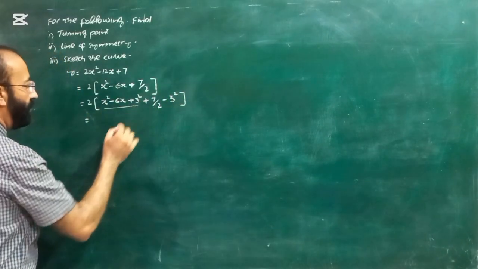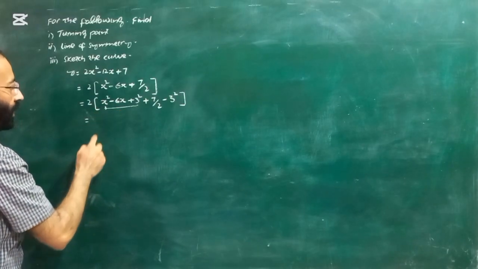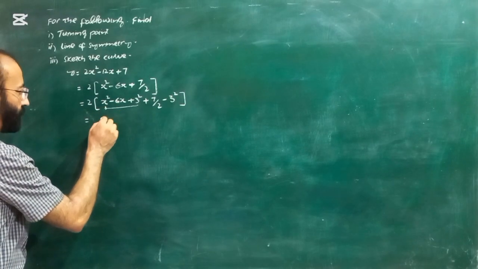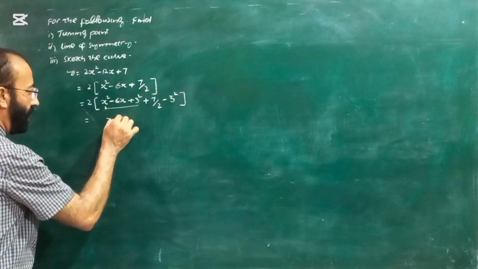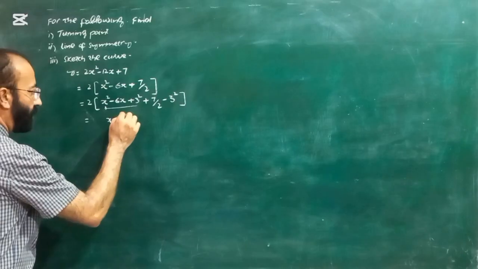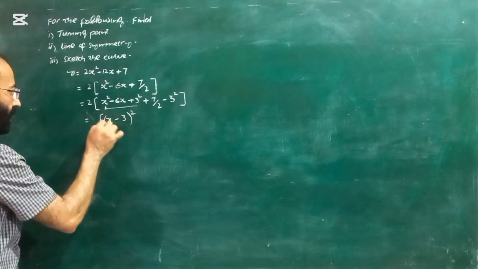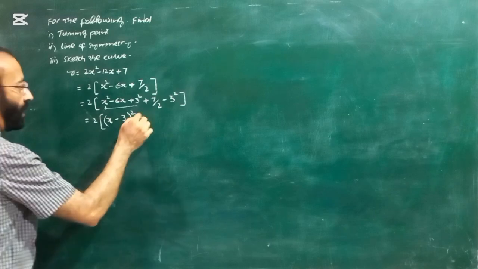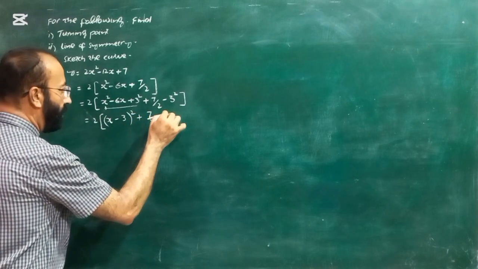Now this factor will become a square. Think: this factor is the square of what? It is a square of x, taking the sign of the linear variable, and a square of 3, so (x - 3)². This 2 will remain the same. Now solve it: 7/2 - 9.